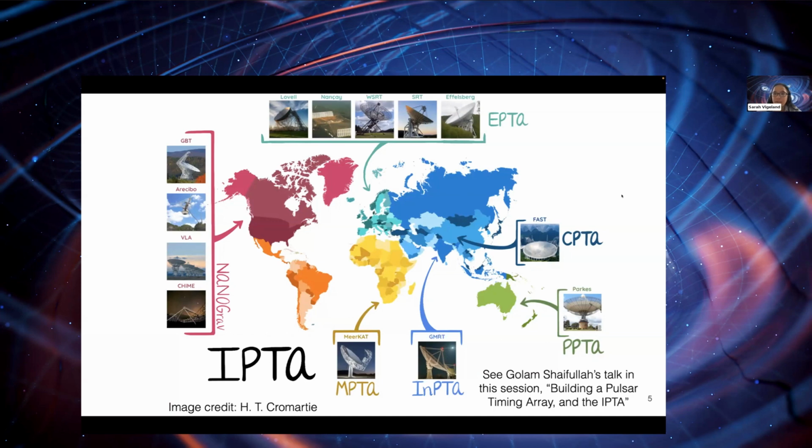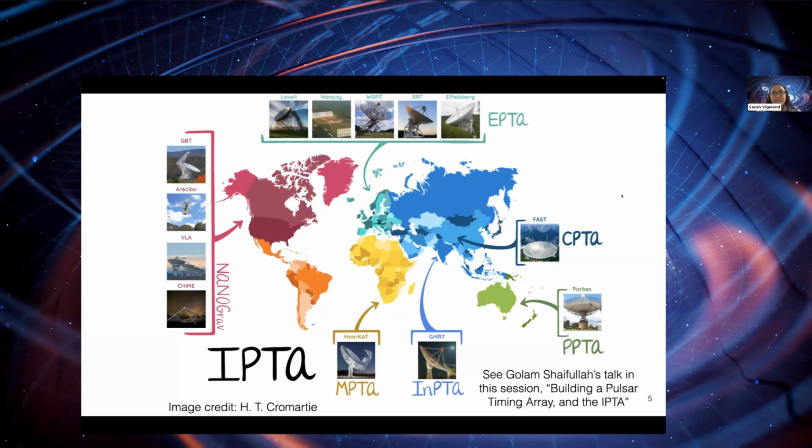And all of the pulsar timing arrays collaborate under the umbrella of an organization called the International Pulsar Timing Array, through which we share data and analysis methods and perform analyses on combined data sets that take data from many PTAs and make a single uber data set. Golam, who's speaking next, will talk about building a pulsar timing array and the IPTA.